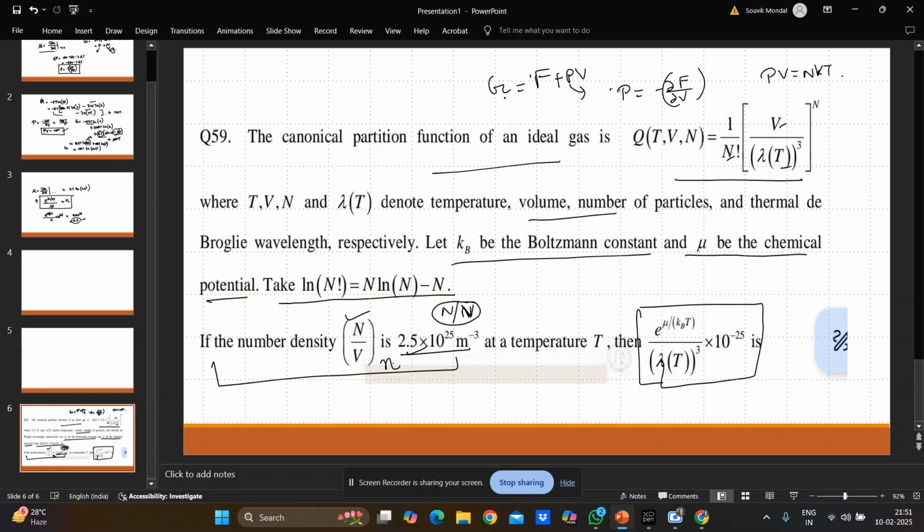And mu is del G by del N. This is also important. You can find it in Mehran Kardar, chapter 4, Statistical Mechanics.